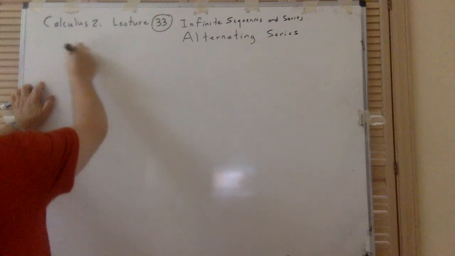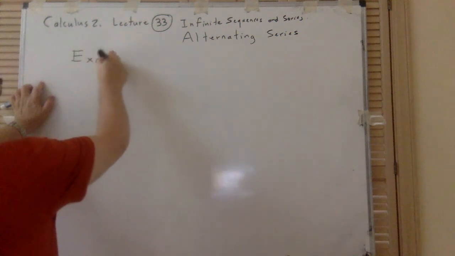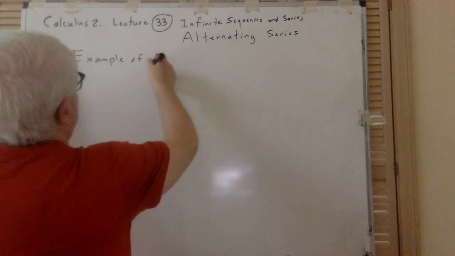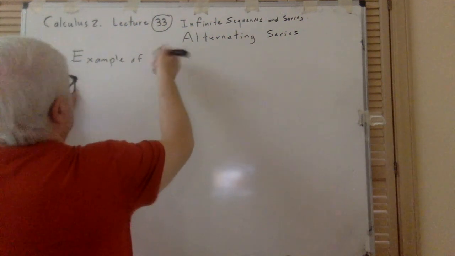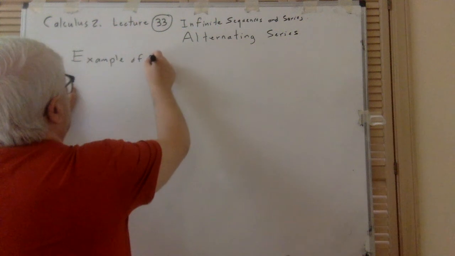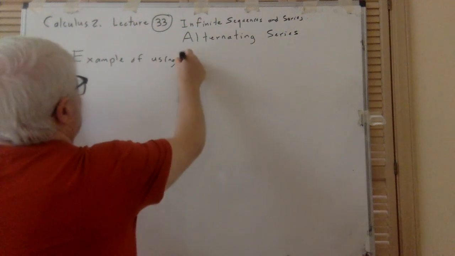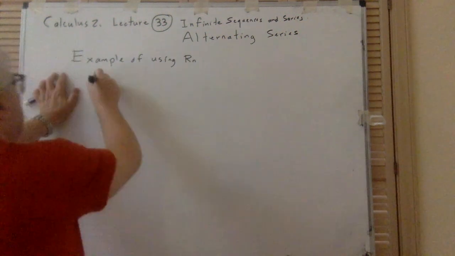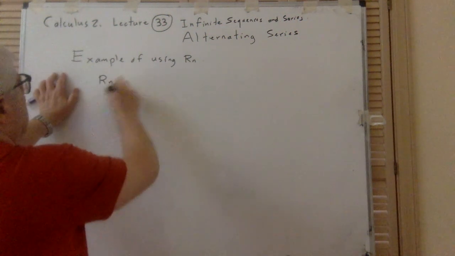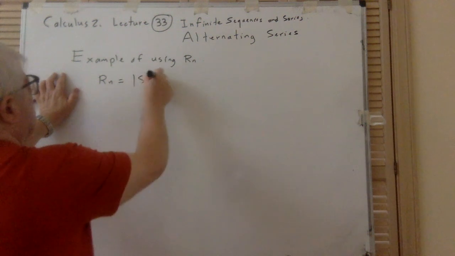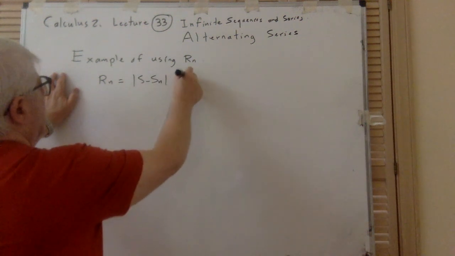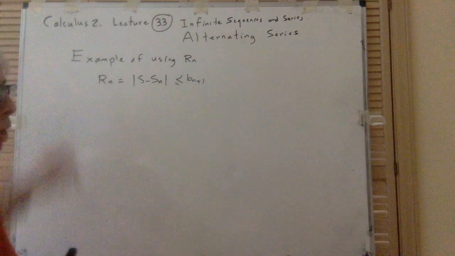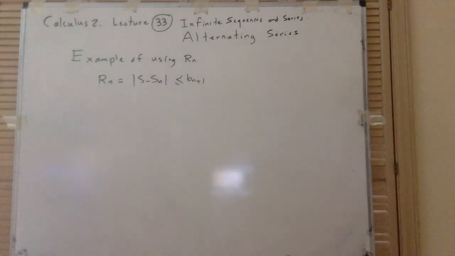So, first examples, of using our Rn, which was S minus Sn. We proved that it is less than b n plus 1. And remember, the bn's are positive. So b n plus 1 is a positive number.